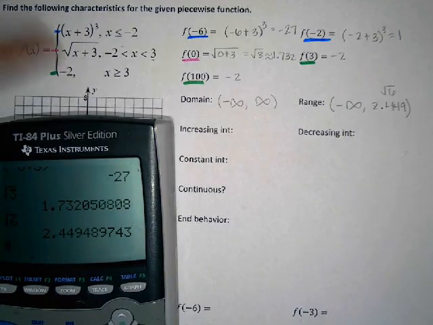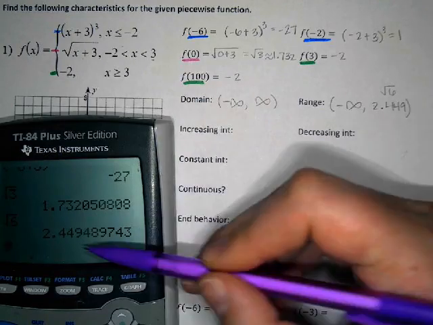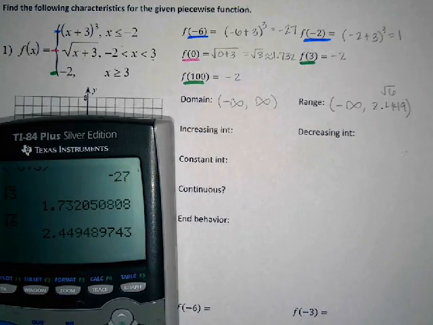Either one of those answers is good. And we're going to do a parenthesis because we cannot equal that point. We can get right up to that point. We could do 2.448, 2.4489, anything that's right underneath 2.449. Does that make sense? We can get right up to it, but we can't have that point exactly.